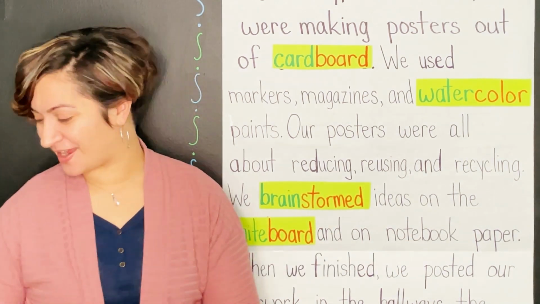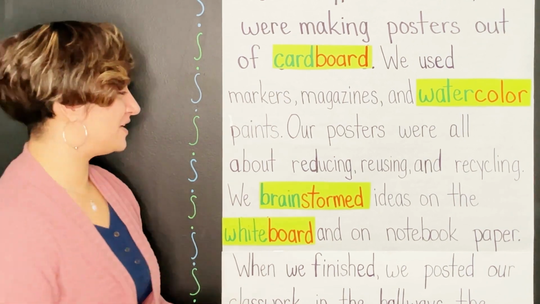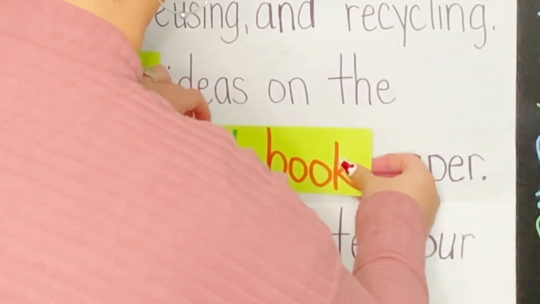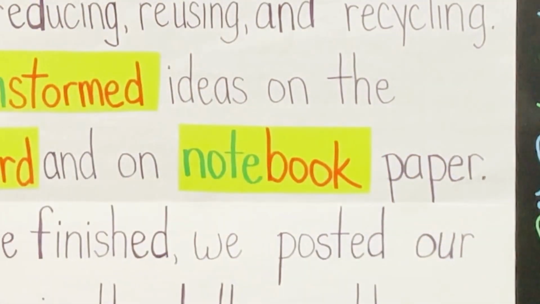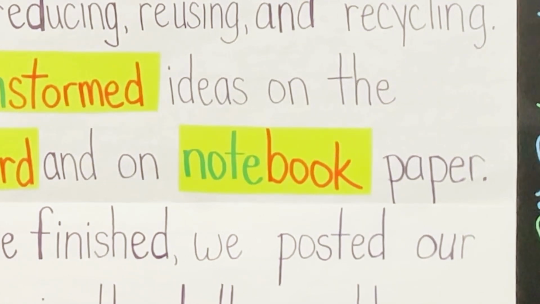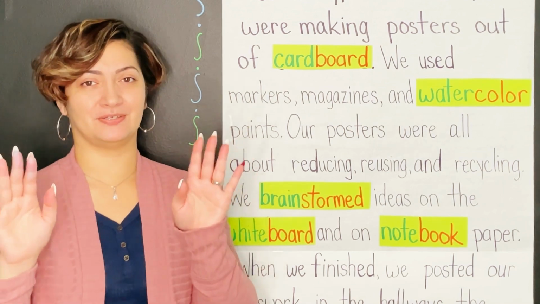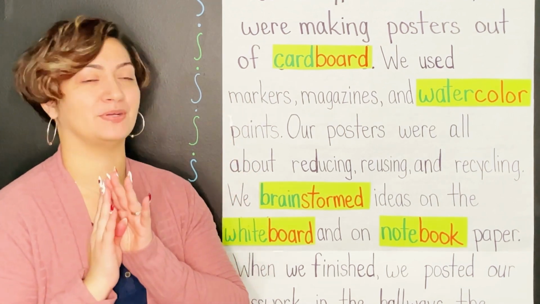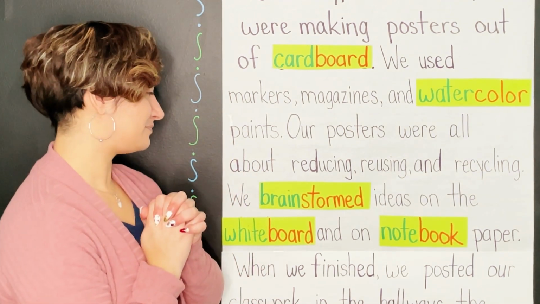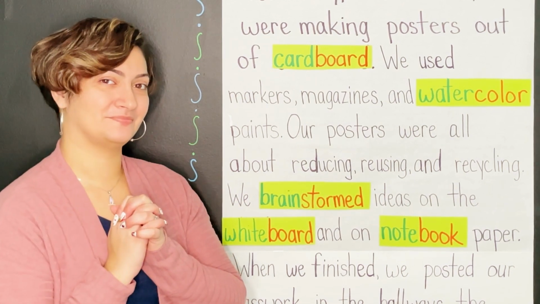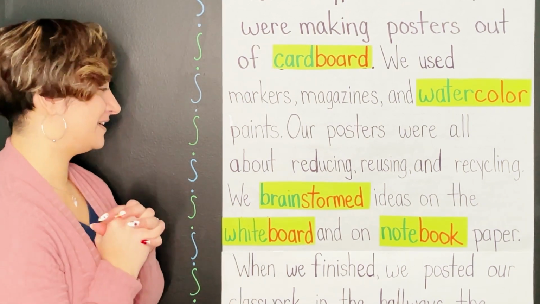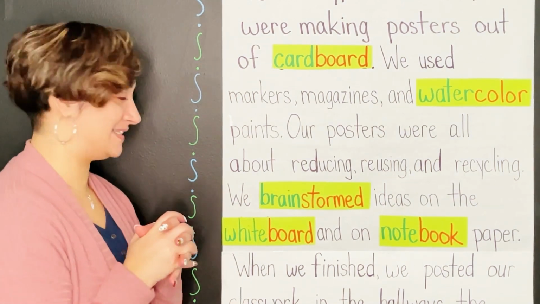Notebook. You're right. I'm glad you didn't let me keep going without it. We need to write notebook down in our notebook. Notebook is made up of note plus book. And together, the word is notebook. Nice work, scholars. That was a busy sentence.